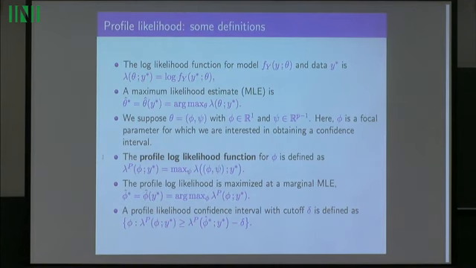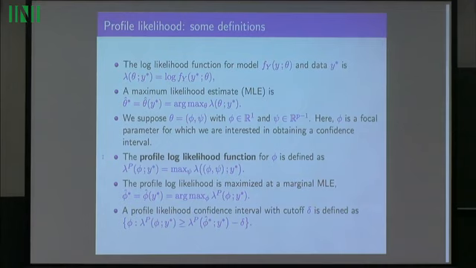Okay, so profile likelihood. We need to set up some notation for the log likelihood, lambda, and the maximum likelihood estimator, which is going to be theta hat. I'm going to put a theta hat star for the estimate, and then we suppose there's a focal parameter which we're always going to call phi, so theta can be written as phi and some other psi.